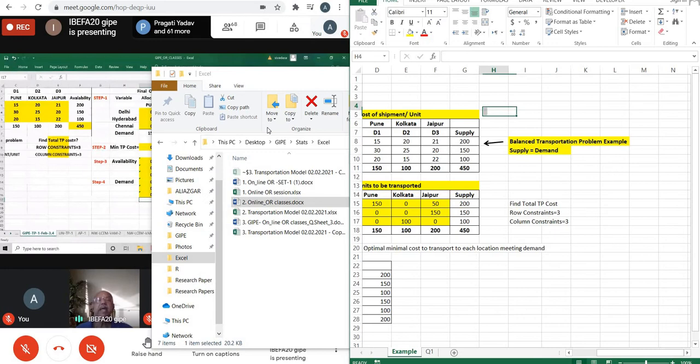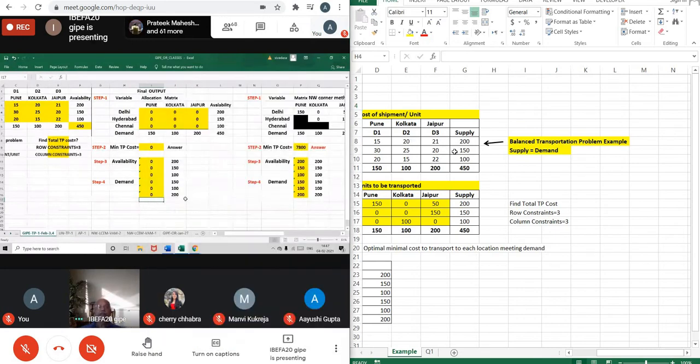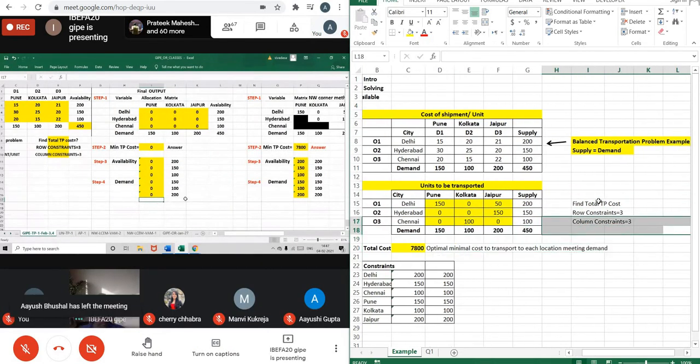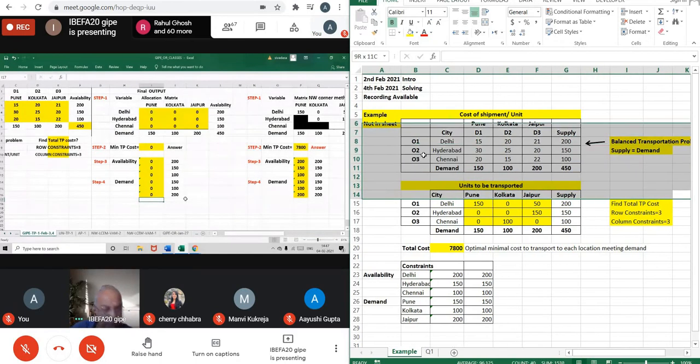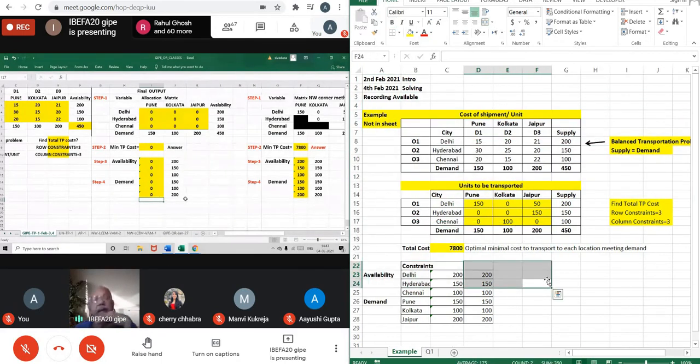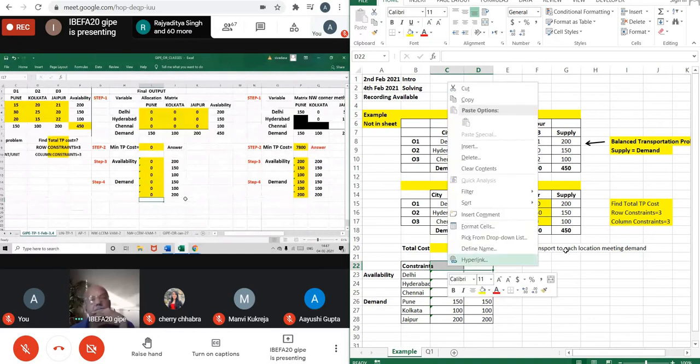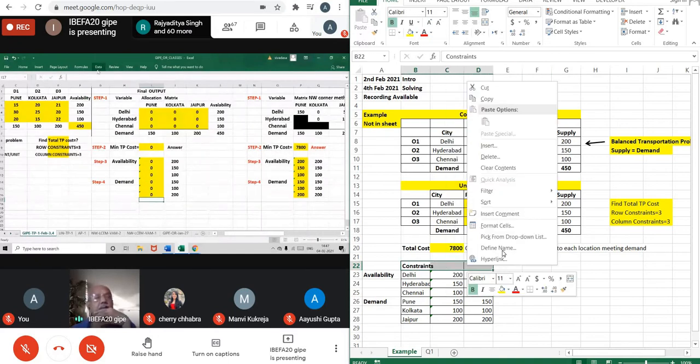So this is LPP. Therefore, I can go directly to my Solver.